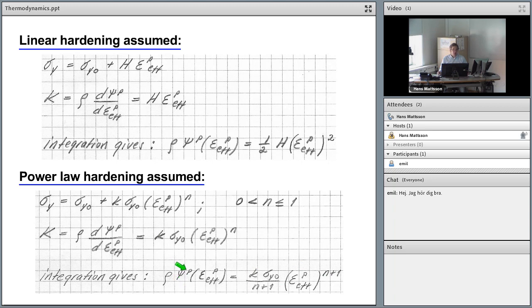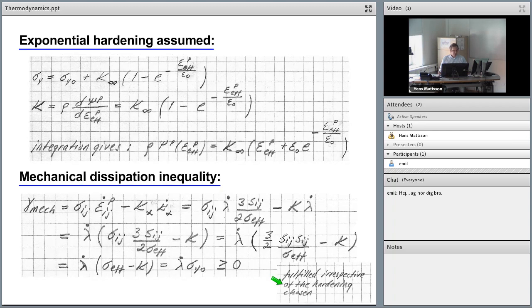And then our function in the Helmholtz function will be like this for power law hardening. And if we, for instance, assume exponential hardening, then we have this function for exponential hardening. The hardening parameter will be like this. We make an integration, and we see that this third term in the Helmholtz function will be like this for exponential hardening.